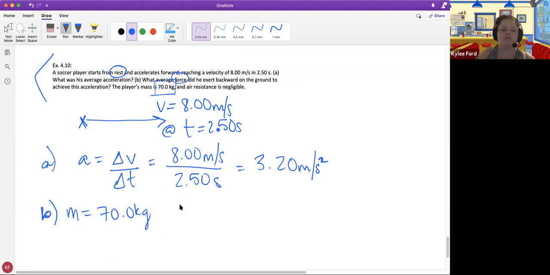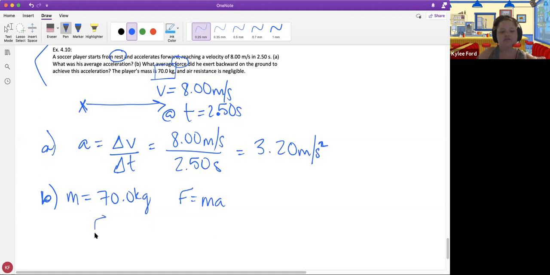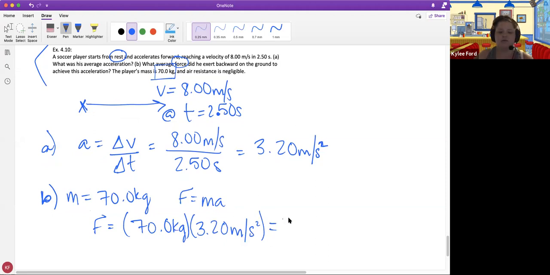Remember Newton's second law states force equals mass times acceleration, so that's what we'll use here. My force is going to be my mass times my acceleration, which we solved in part A. And then using our calculator, we end up with our force as 224 newtons.